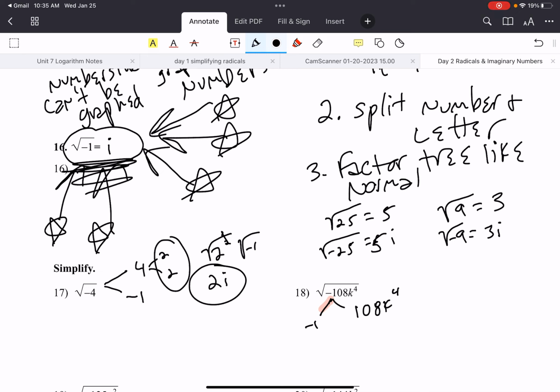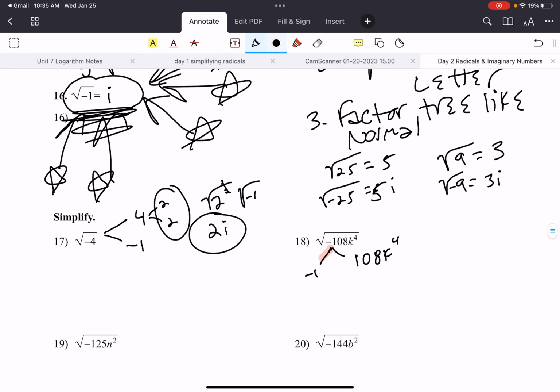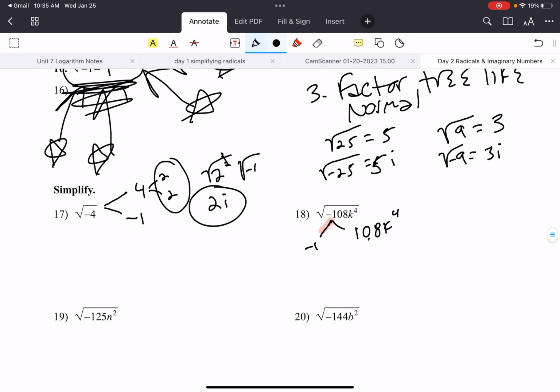Yeah, so that -1 is going to be an i in our answer in the end. Now, step 2, split your number and your letter. Then you factor like normal.